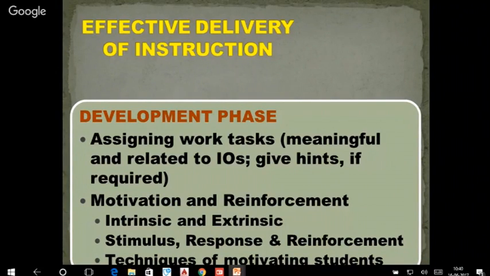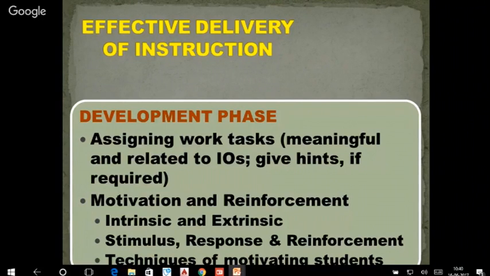Okay. So, techniques of motivating students, there are a number of techniques. One technique could be that when you enter the classroom, smile at them, because a smile is an inexpensive way to improve one's looks. Always enter the classroom with an attitude that I am going to enjoy my students.